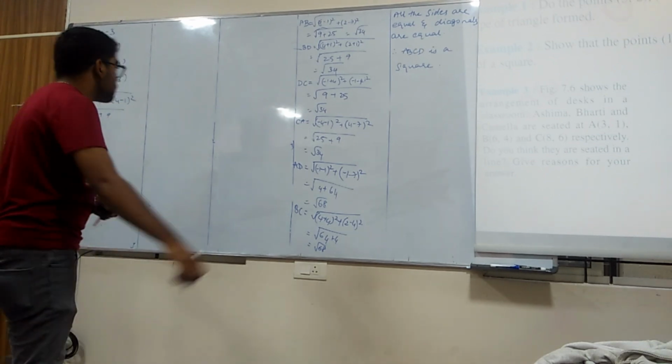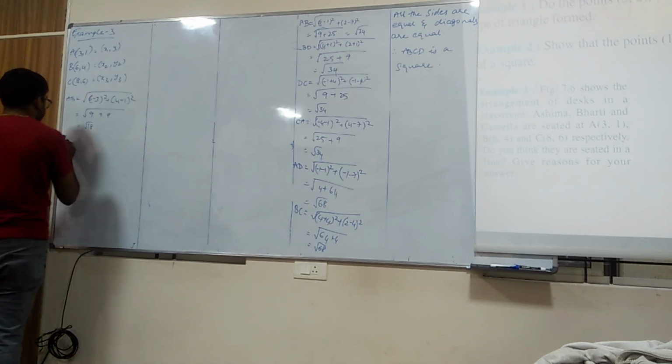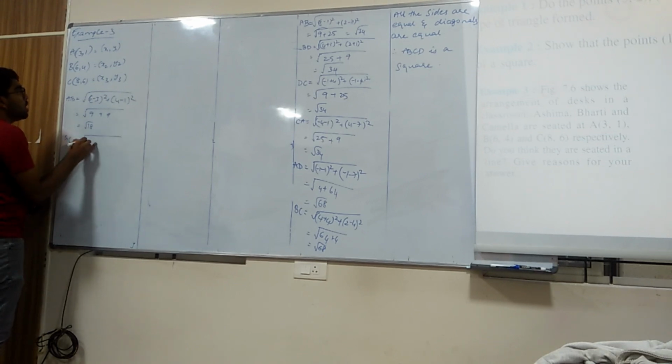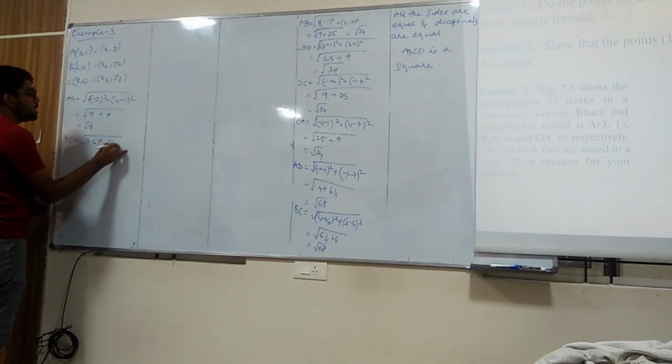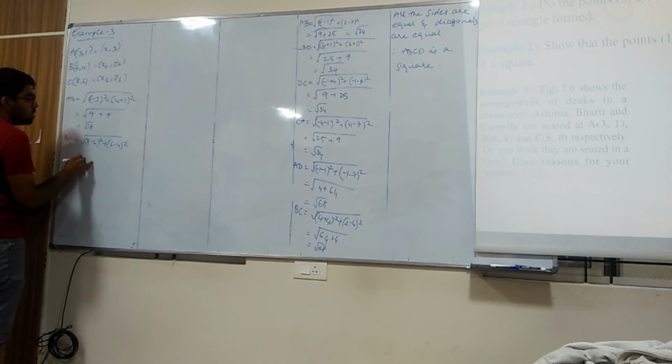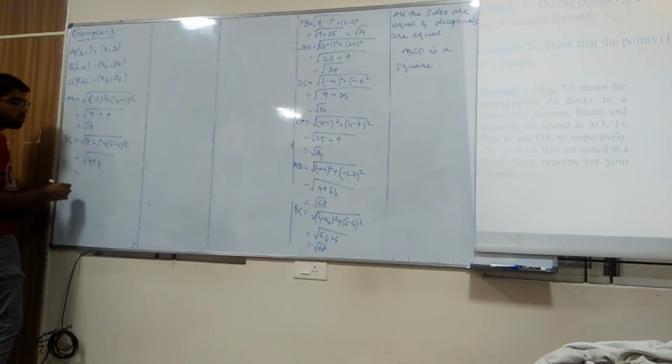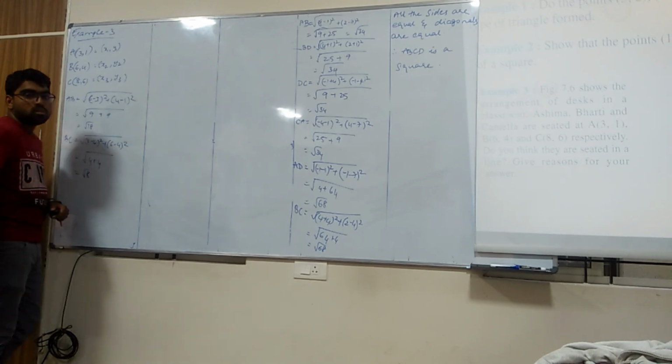Find out BC. Root of 8 minus 6 the whole square plus 6 minus 4 the whole square. 8 minus 6 is 2, 2 square is 4. Now 6 minus 4 is 2, 2 square is 4. 4 plus 4 is 8, root 8.